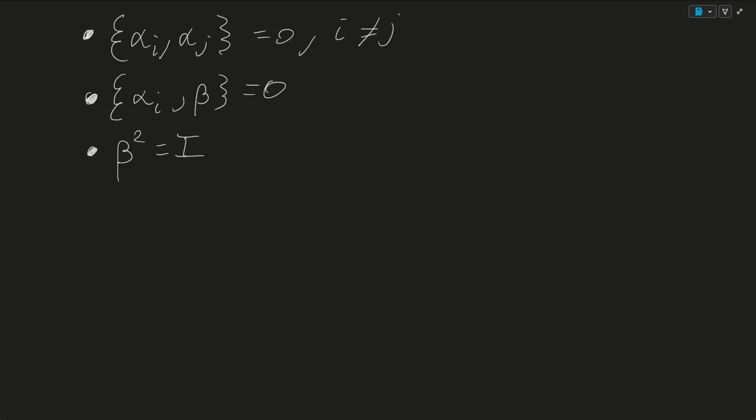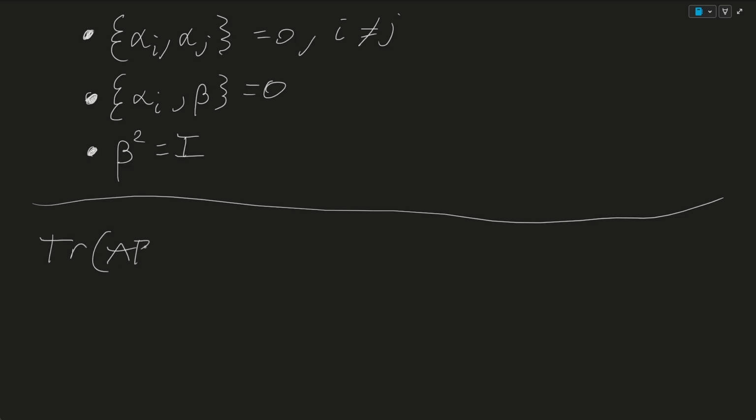I'll write down what we need to know here. The first thing is the cyclic property of the traces. So the trace of A, B, C is equal to the trace of B, C, A.